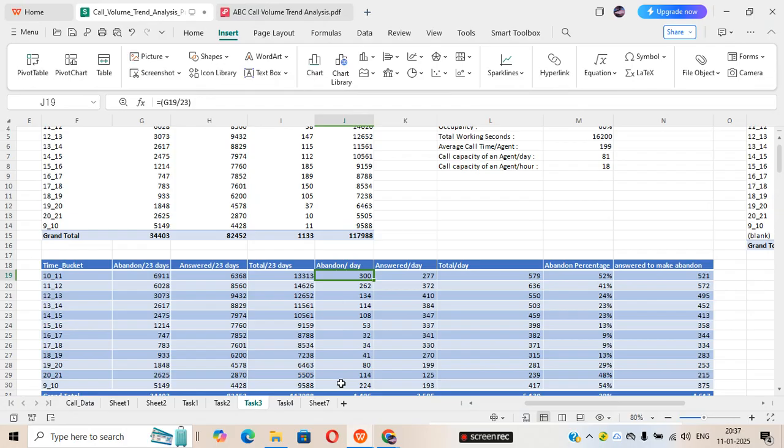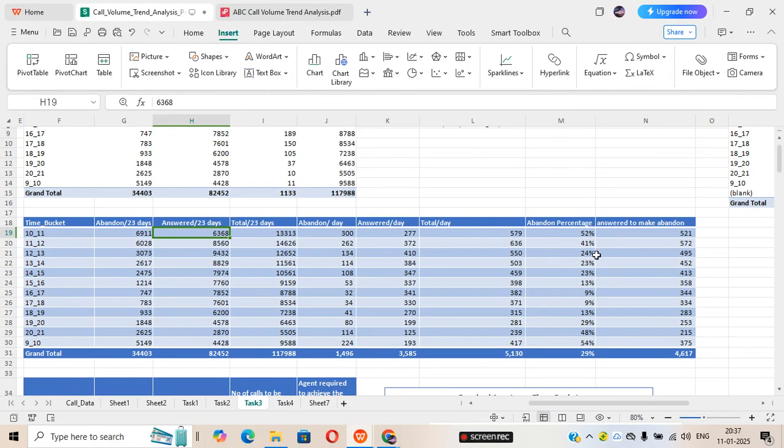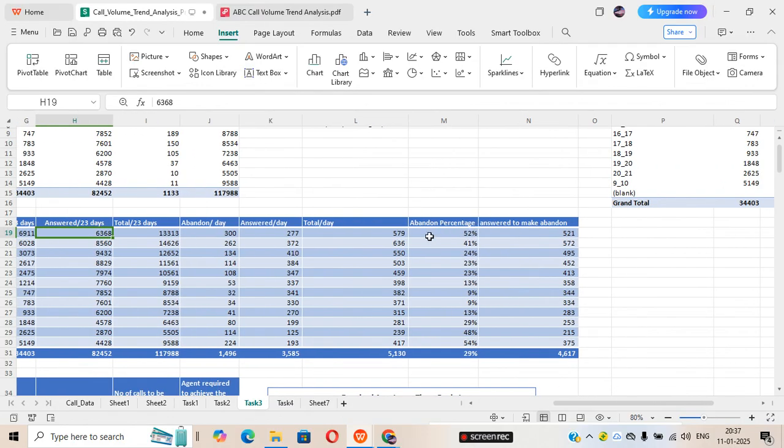The same way we got all these, and for answered per day, for answered calls we will be taking answered calls for 23 days divided by 23, and the same way for calculating it for total also. Total divided by 23. We will be getting these values.